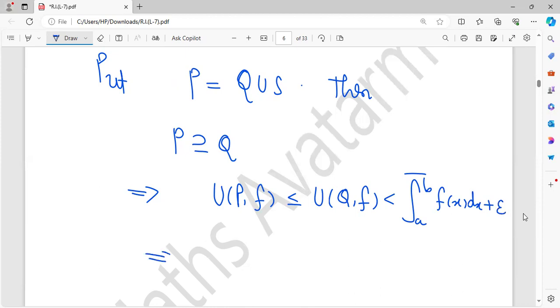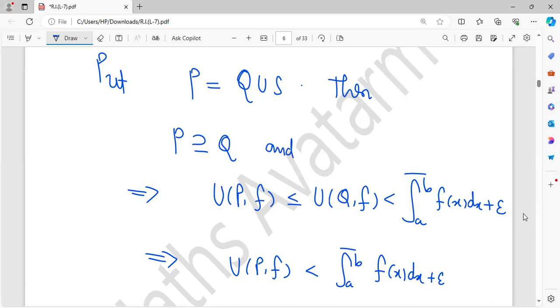So this implies U(P, f) is less than the integral of f(x) dx plus epsilon. And since P contains Q, the norm of P is less than the norm of Q, that is less than delta.